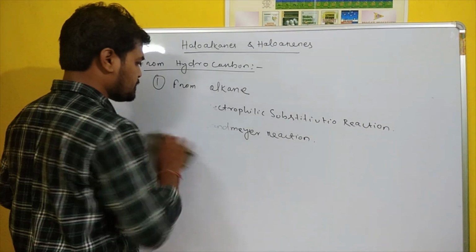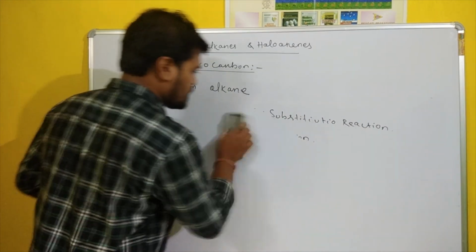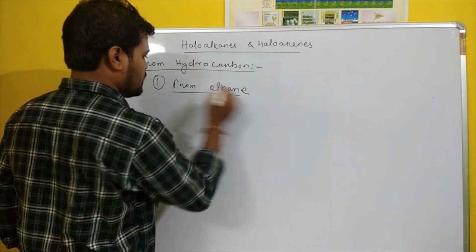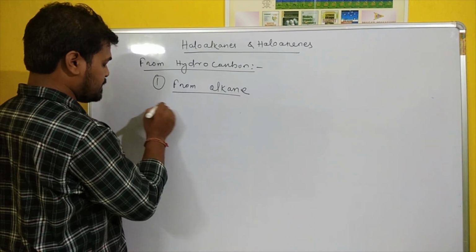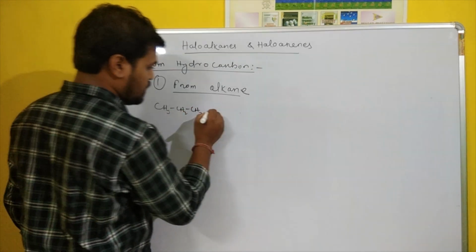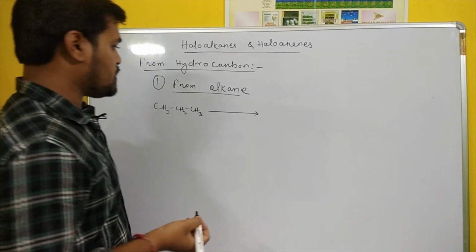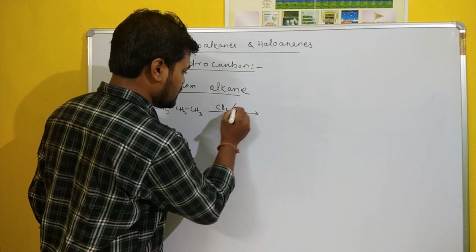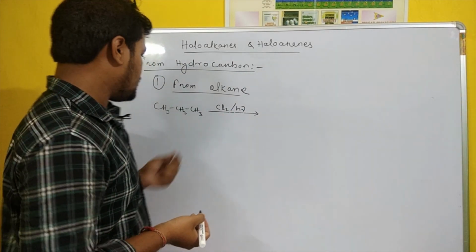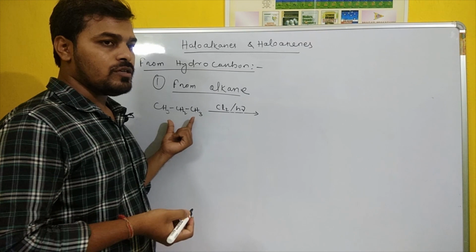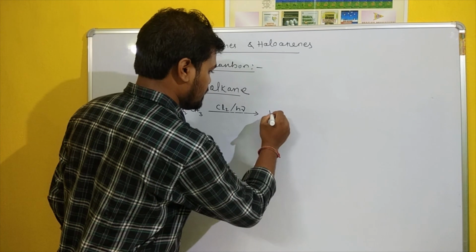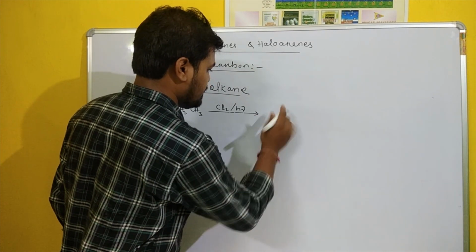So first check from alkane. When alkane undergoes halogenation in presence of light, here hν is the light, this alkane undergoes free radical halogenation. So what will we get? We will get a mixture of haloalkanes.